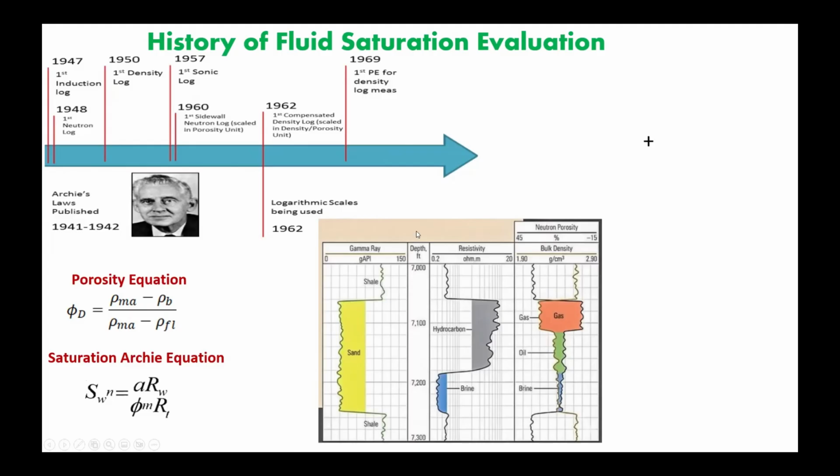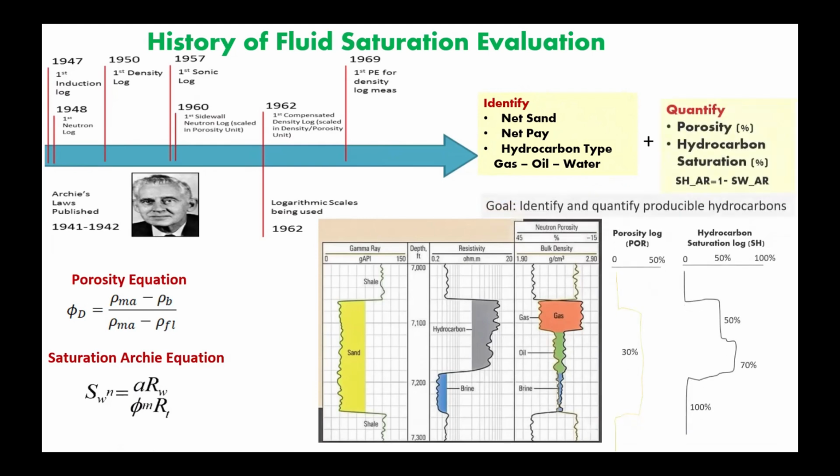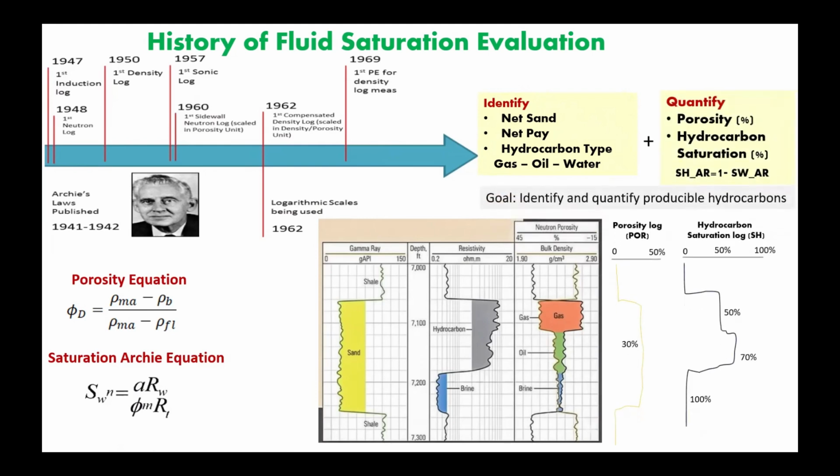Archie equation allowed us to move from the qualitative interpretation into the quantitative interpretation. If you know the porosity of this zone is 30%, by using Archie, it became possible to know that some of it has 50% of gas and 70% of oil saturation.